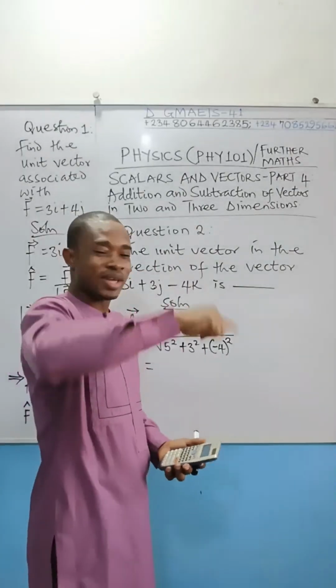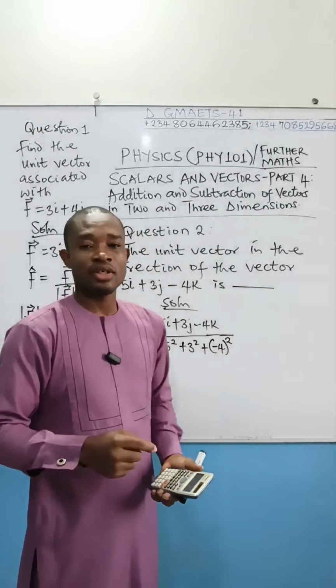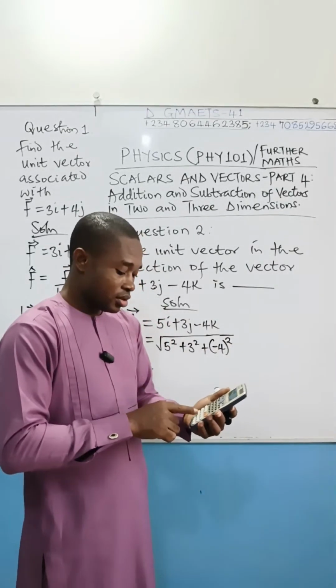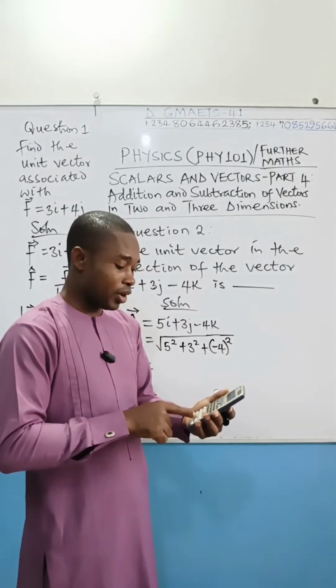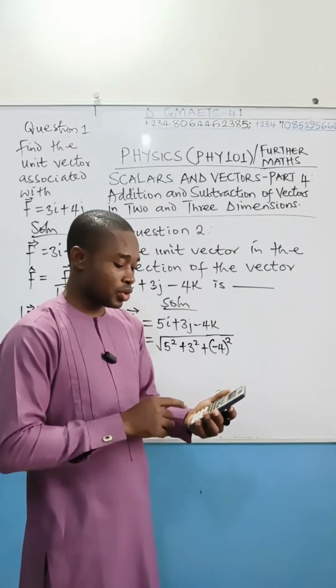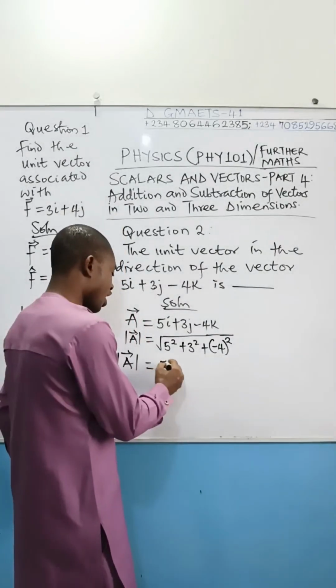So I have to open and close the bracket, since the numbers I have here are being added. So this is going to be square root, open bracket, 5 square is 25, plus 3 square is 9, plus minus 4 square is 16. Close the bracket, equal to. So this gives us 5 root 2.